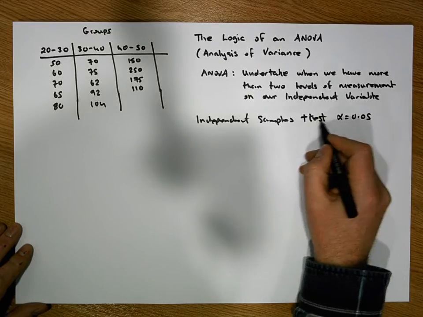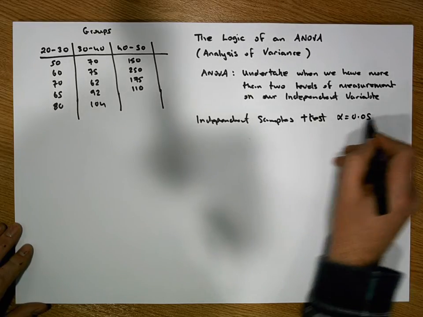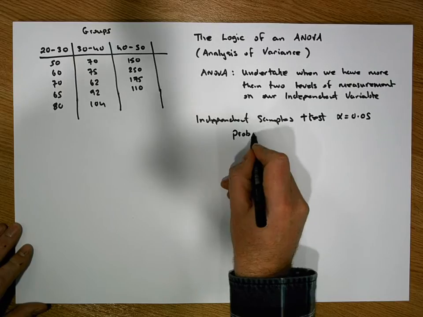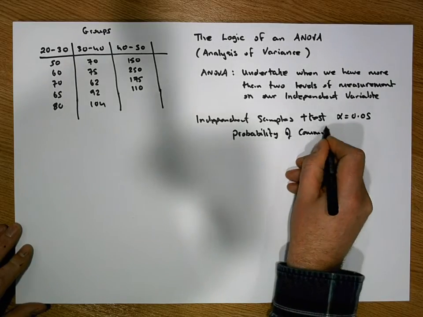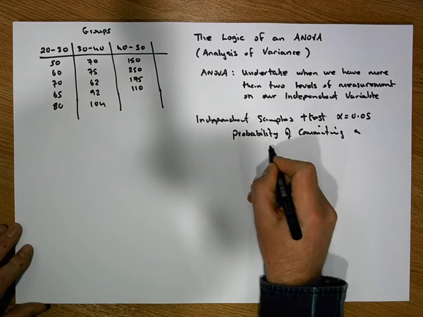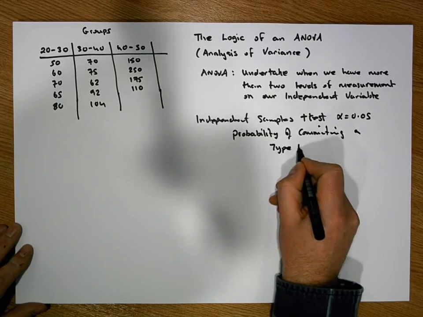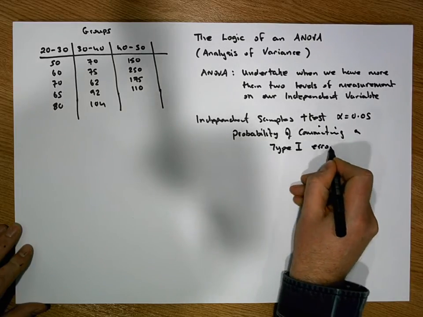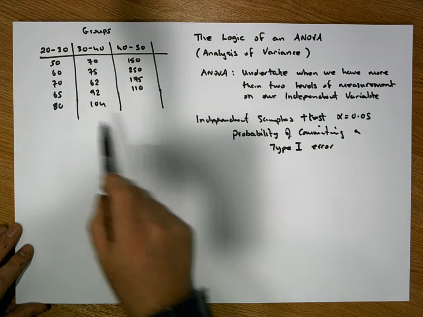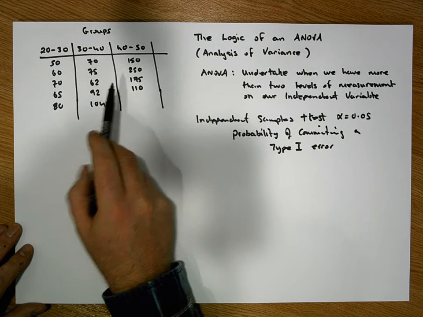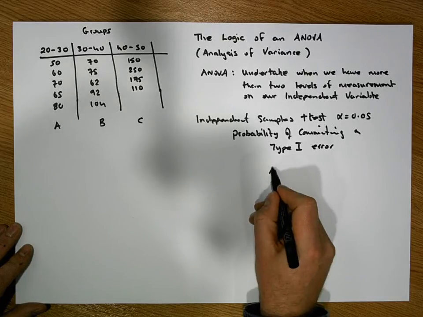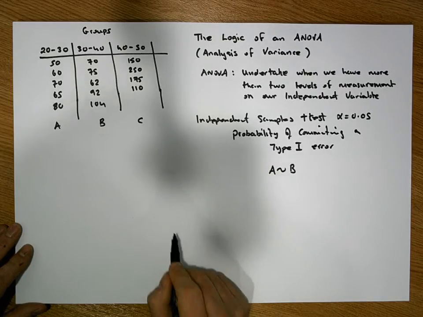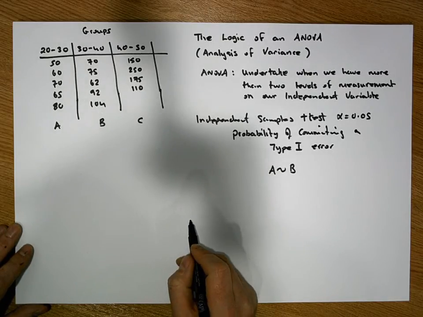This is the probability of committing a type 1 error. The number of ways we could run independent samples tests, with groups A, B and C, is to compare group A against group B to see whether there is a significant difference between their average spend.